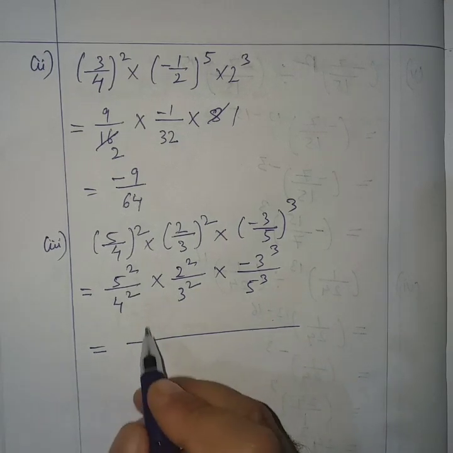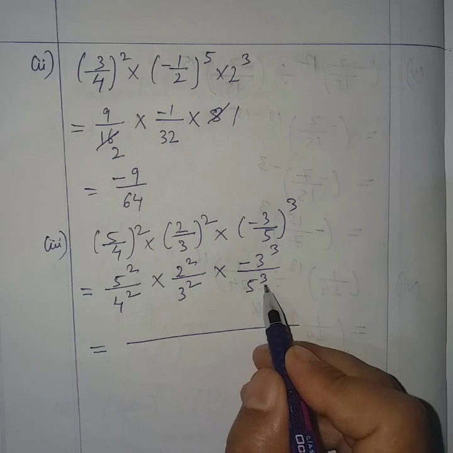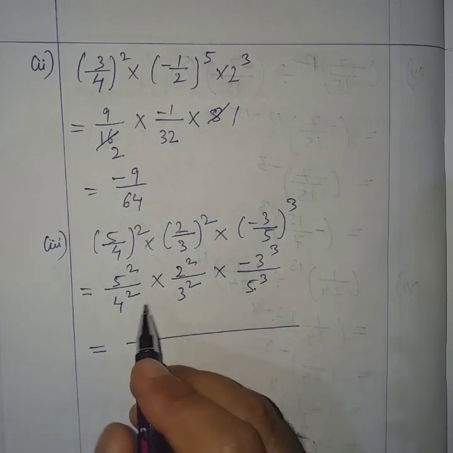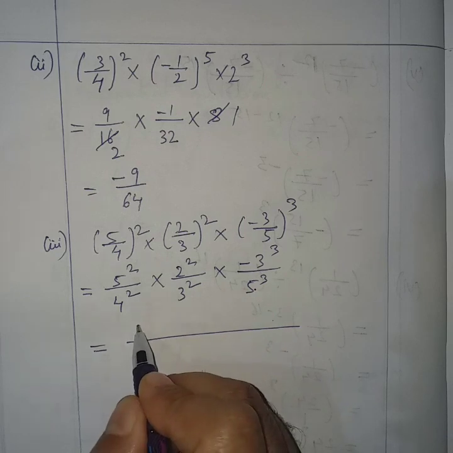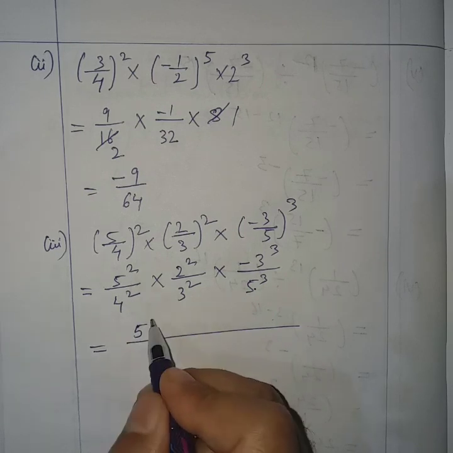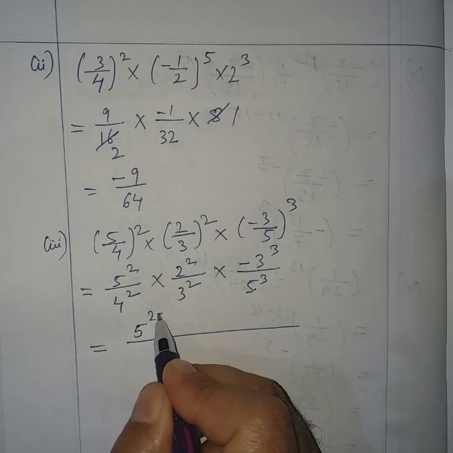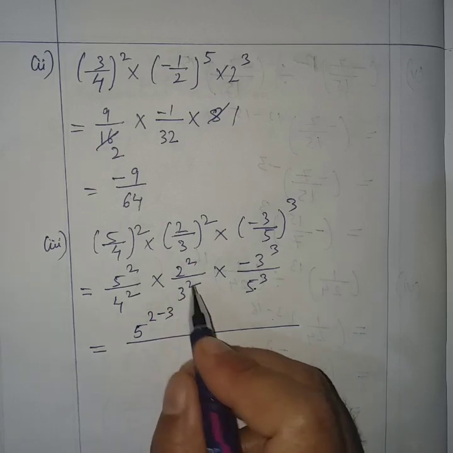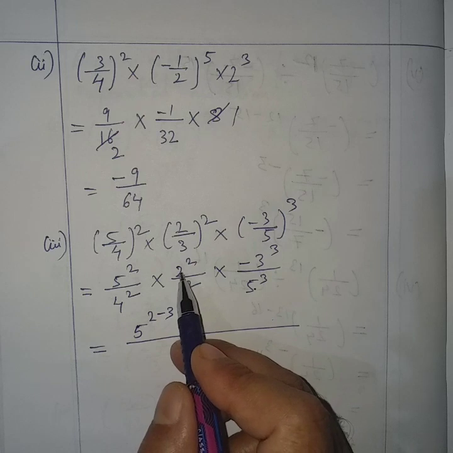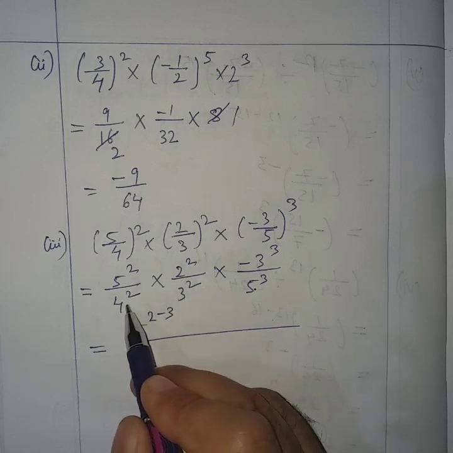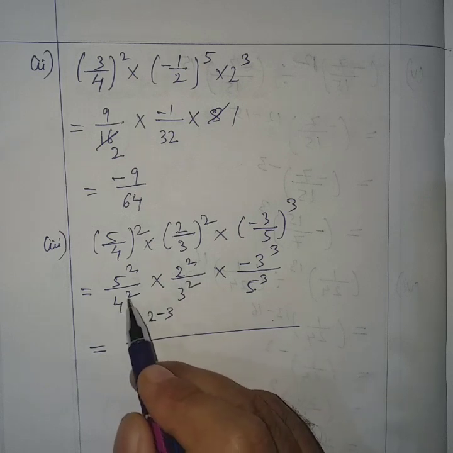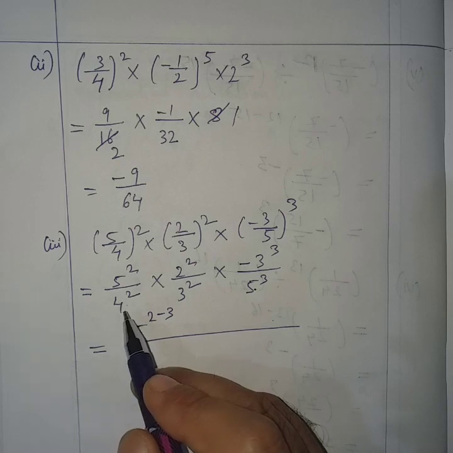Here you can see this 5 squared and this 5 cubed. This is in the numerator and this one is in the denominator, so we can apply the law here: power of the numerator minus the power of the denominator. And this 2 is in the numerator and this 4 squared is in the denominator, so we can convert it into 2 squared, isn't it?